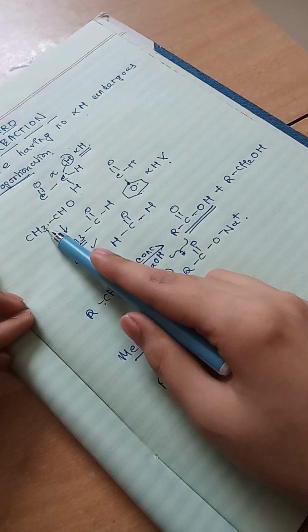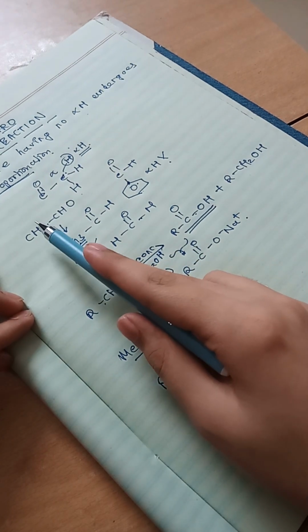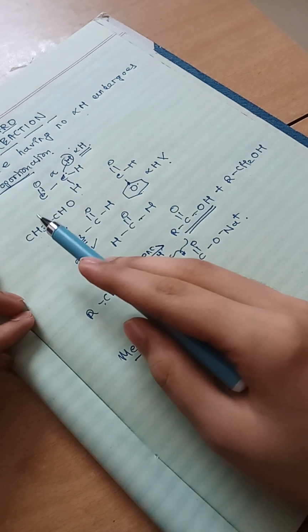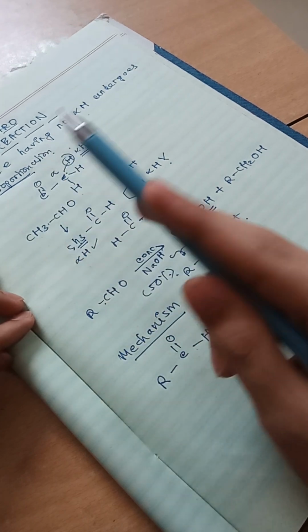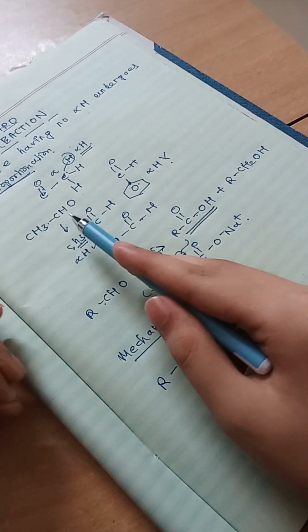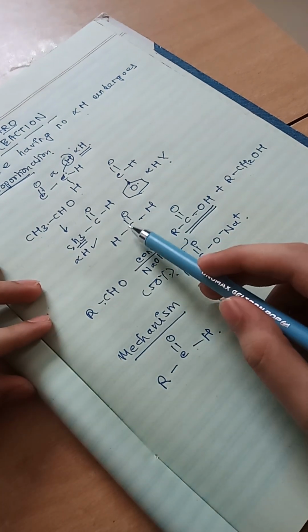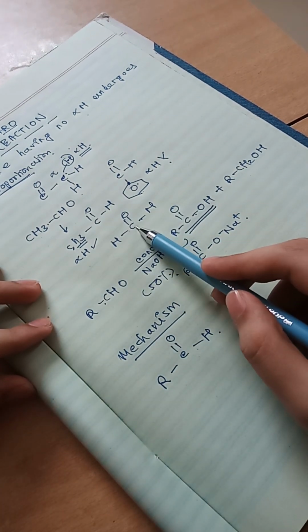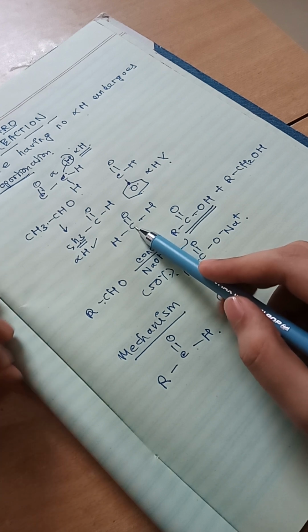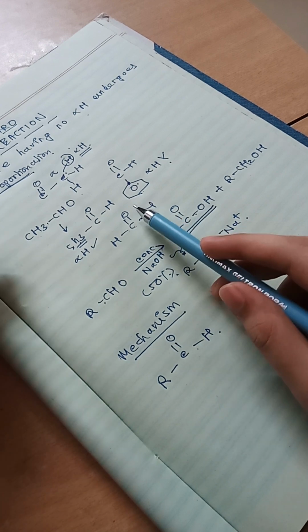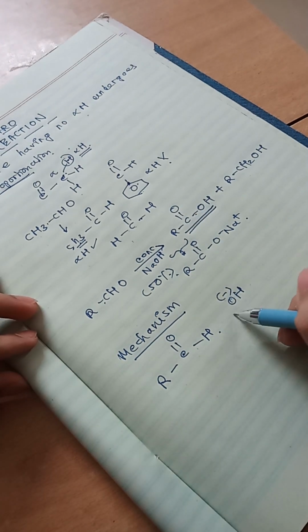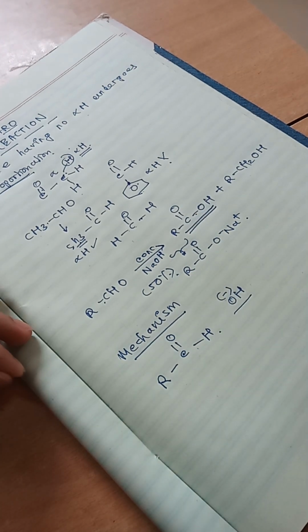For example, in acetaldehyde, this hydrogen was definitely acidic, because when OH minus abstracts this hydrogen, the resultant conjugate base is stabilized by resonance. But in case of formaldehyde, if this hydrogen is gone, the negative charge will come on this carbon, which cannot be stabilized by resonance, because this is not in conjugation. So there is no acidic hydrogen, and this base cannot abstract any acidic hydrogen.